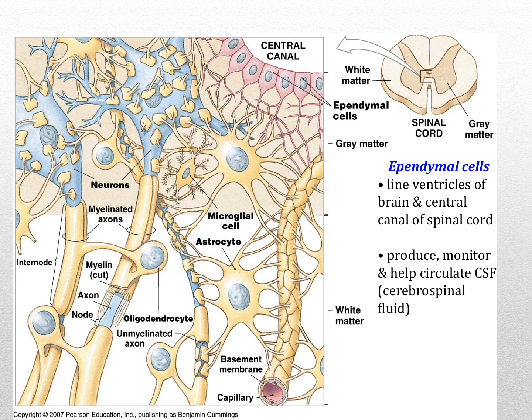They produce, monitor, and help circulate CSF. So there they are, lining right there. Ependymal cells.